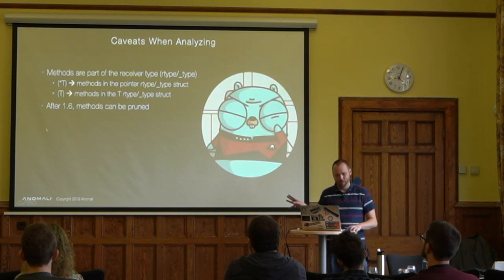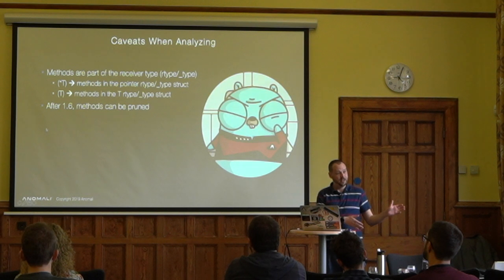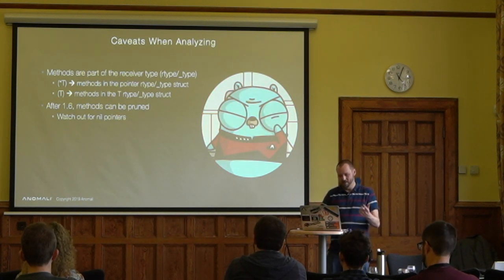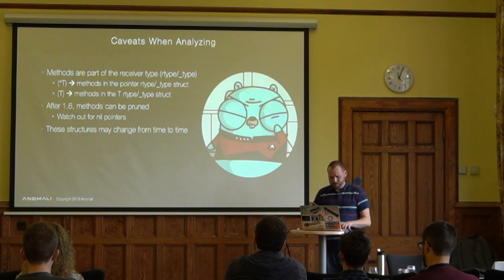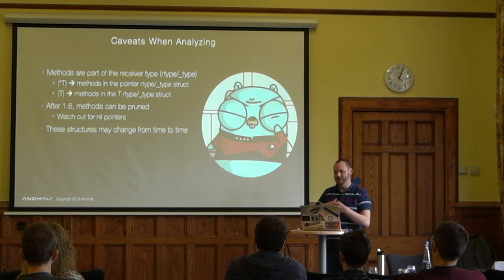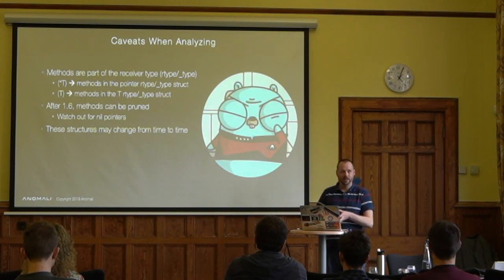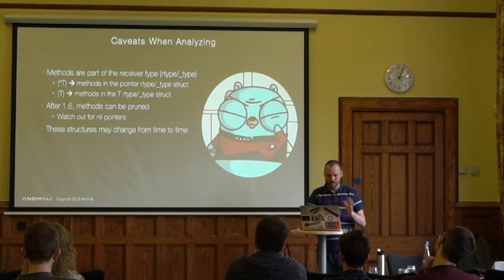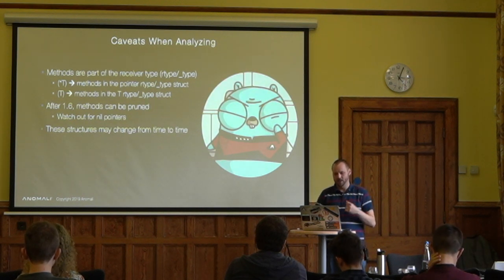As you saw from the Stack Overflow, versions prior to 1.6 are fine, but afterwards you have to be concerned with nil pointers, so you have to add some extra checks. The other thing is all these structures have changed throughout time. If you're writing something that needs to analyze binaries compiled now and back 3 or 4 years, there's a lot that needs to be covered because they've changed.